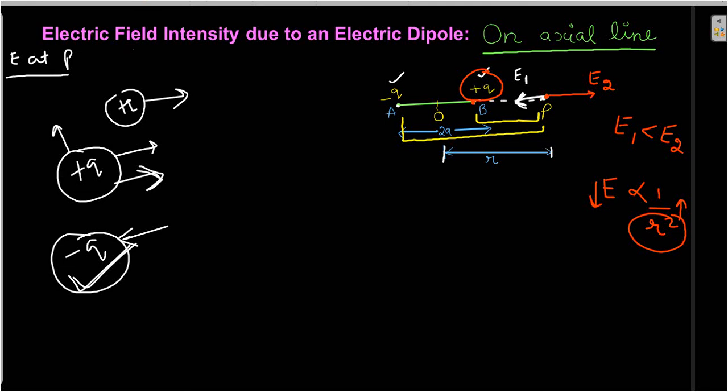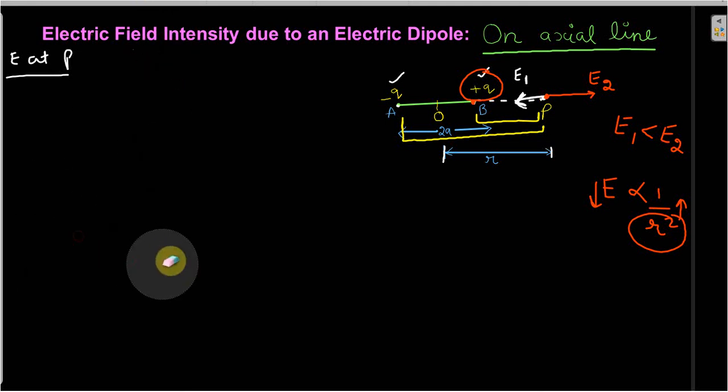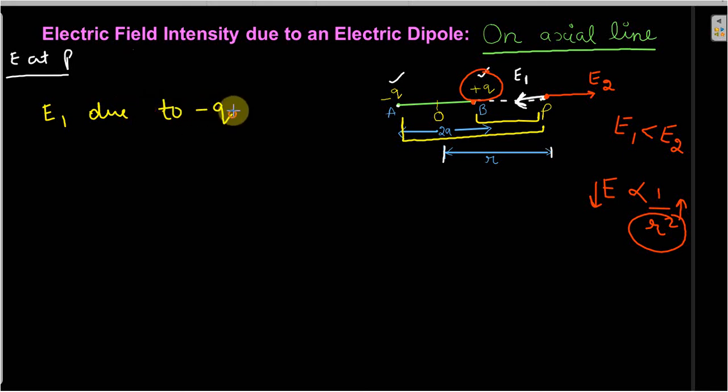So let's write in the magnitude form. Let's start. The electric field E1 due to your negative Q charge: you can write E1 is equal to, what is the formula?